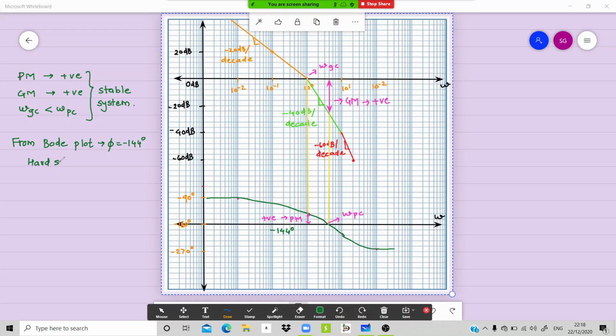Hard semi-log paper, I got minus 138. Still it is very good, the accuracy is okay. So PM is going to be minus 138 minus 180, so it is coming out to be plus 42. And plus 42 means system is stable.